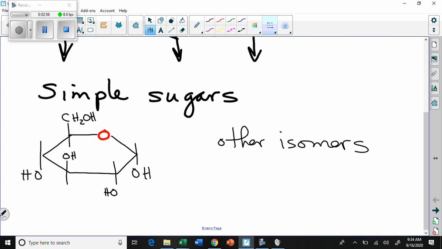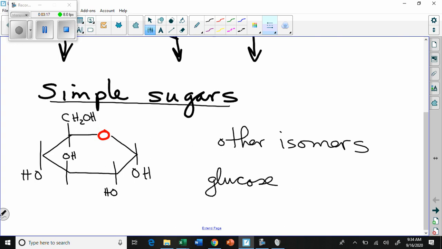Glucose has isomers. All of those isomers are also simple sugars. How do you define a simple sugar? Well, it's a molecule with one ring, and it basically exists by itself. Glucose is a good example of a simple sugar.